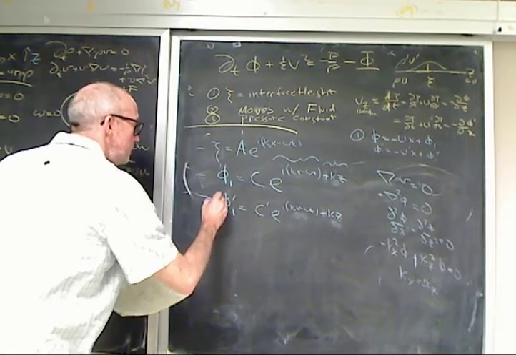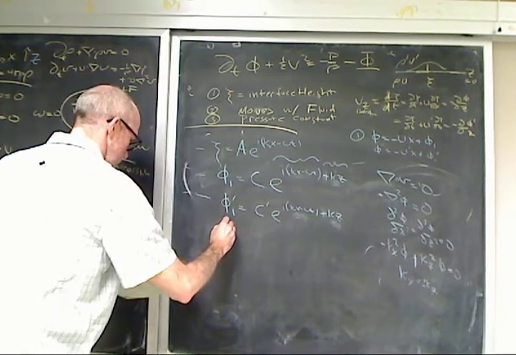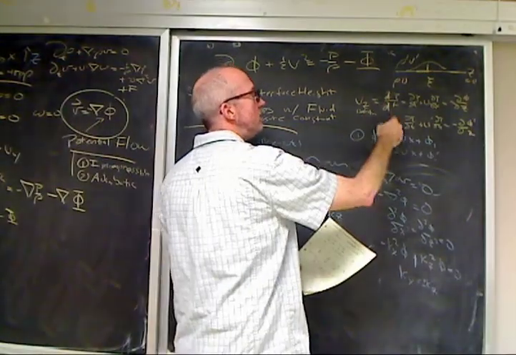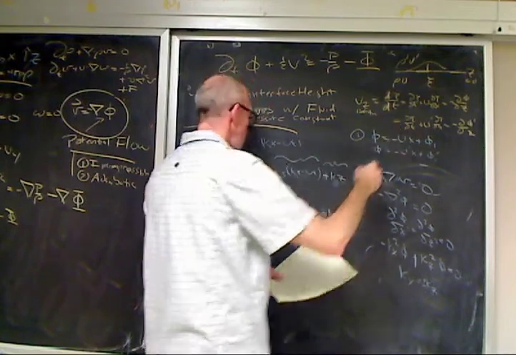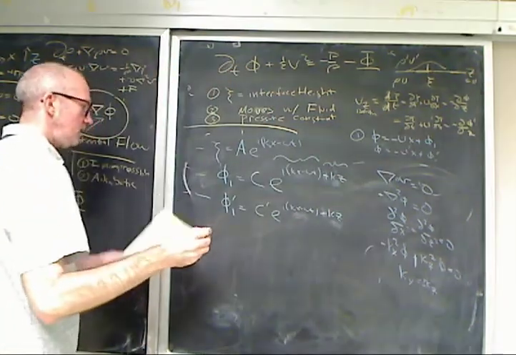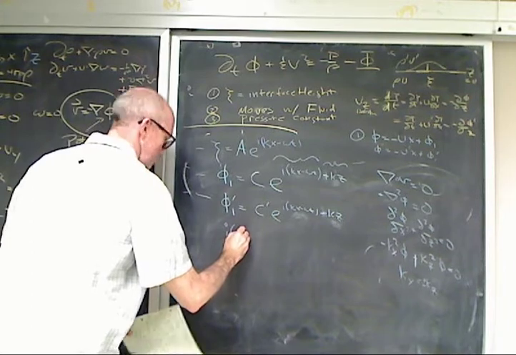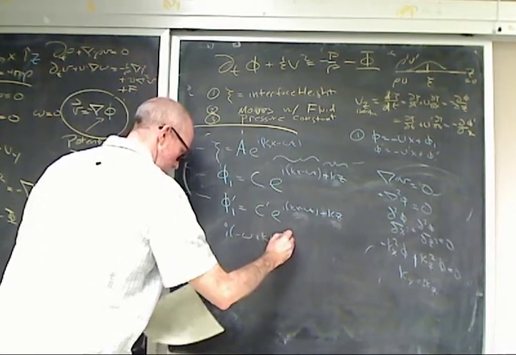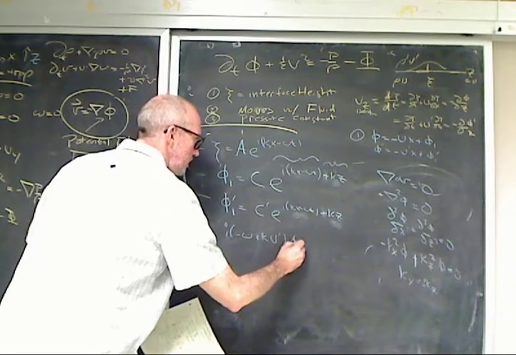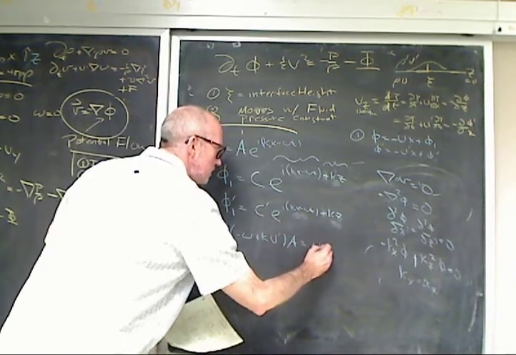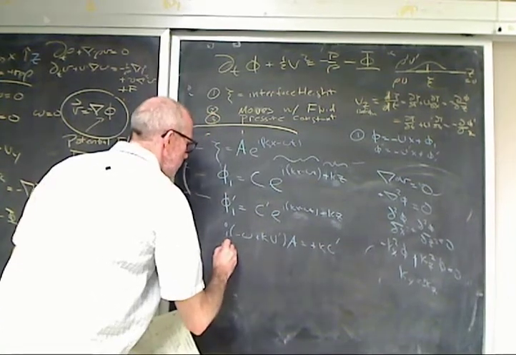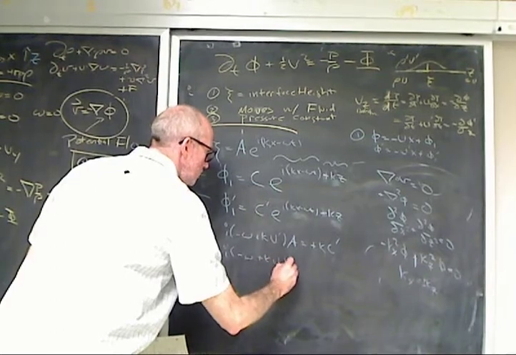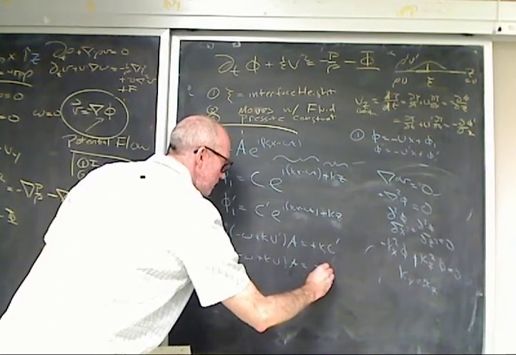I've got two equations up here, one for the top and one for the bottom. This gives me i times (minus omega plus k u prime) a equals plus k c prime, and i times (minus omega plus k u) a equals minus k c.